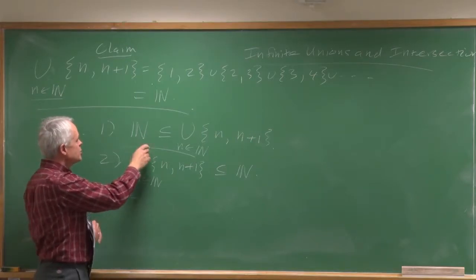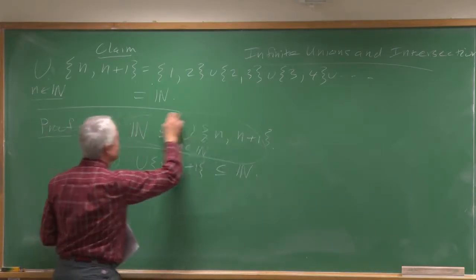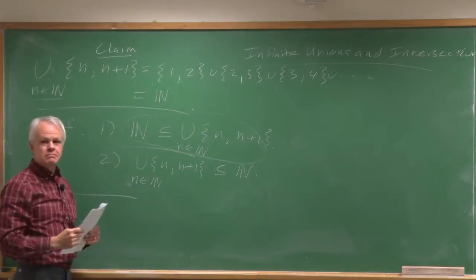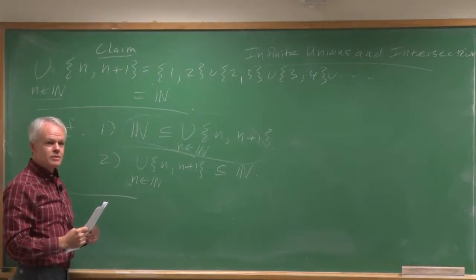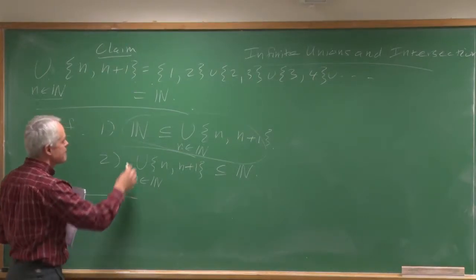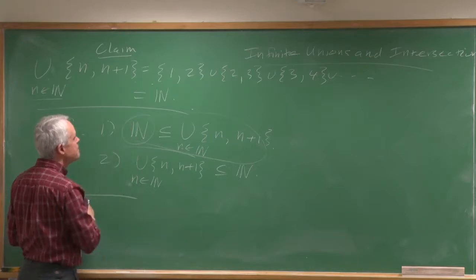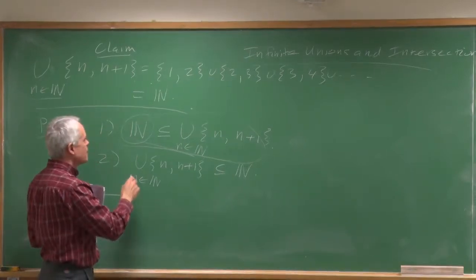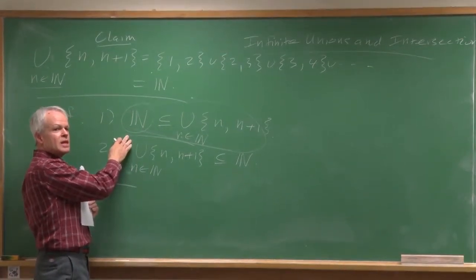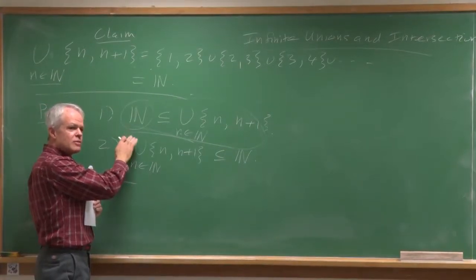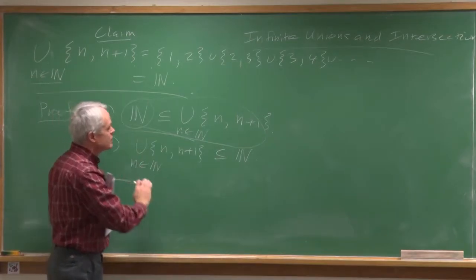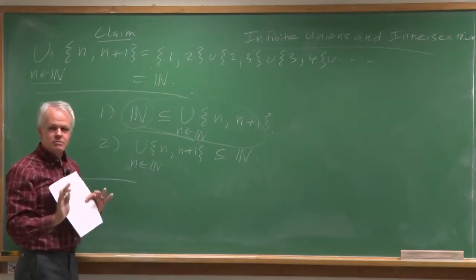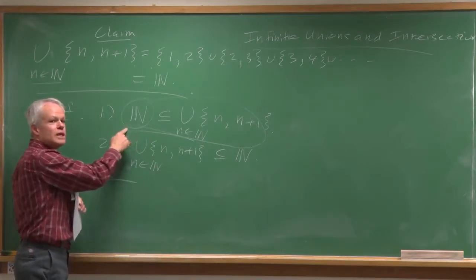So how do I show this? What do you think? Where do I start? Yeah? Since any natural number in it is in the set, doesn't that mean it will always be that first element? So, yeah, we start by talking about elements, right? The point I want you to remember is to start with an element.